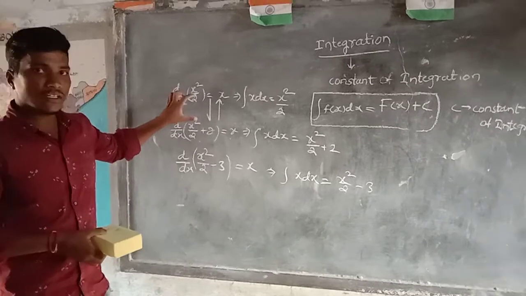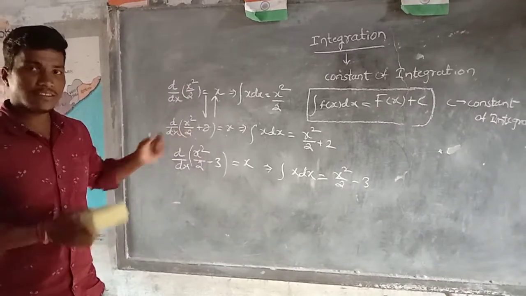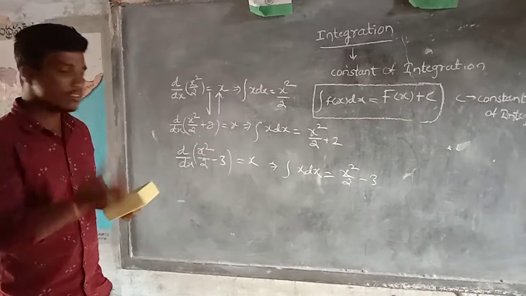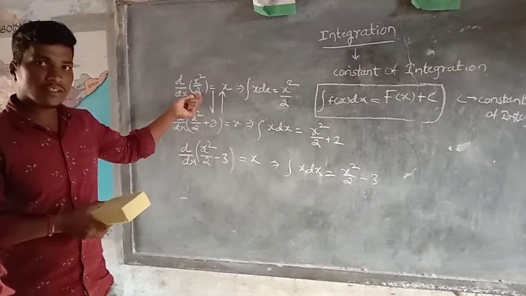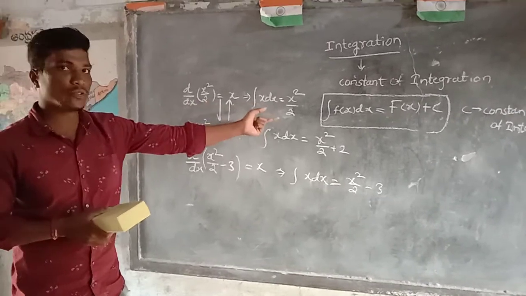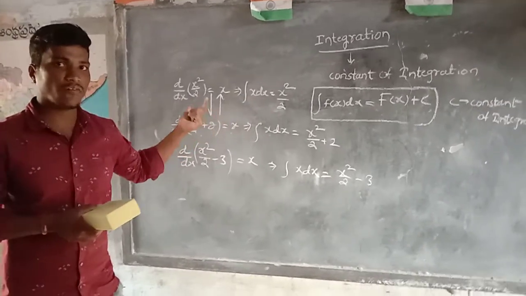So these three are basically the same, but the difference is the constant term. In the first one there is no constant term, so it is easy to write the antiderivative.